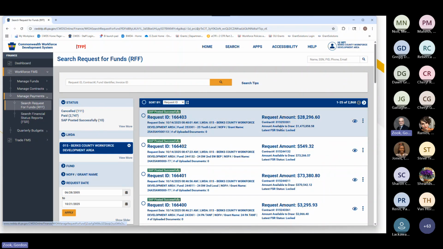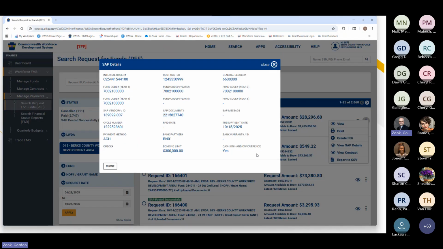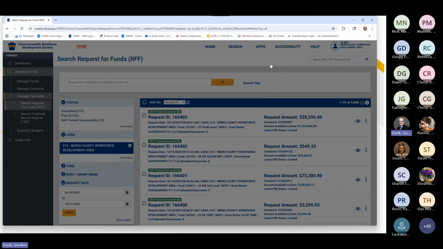And you can always go in here to view the SAP details, and it will tell you the information that you need to know. So in this particular case, it was sent to Treasury on 10/15. Current status is posted successfully, because that's what shows on our screen. There's no paid date, so it's in the system.